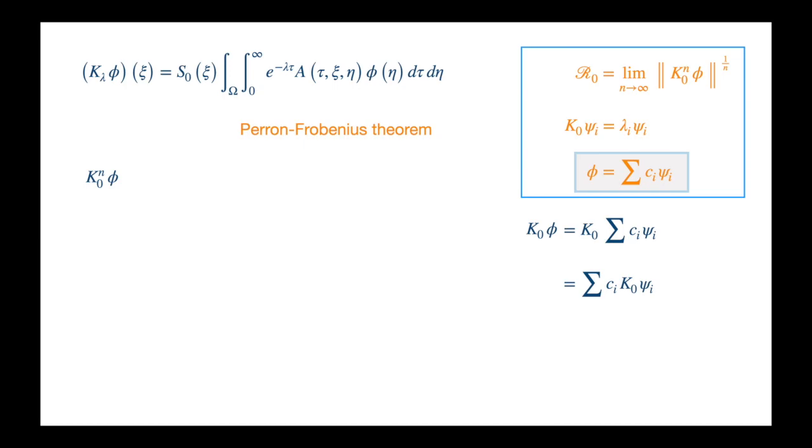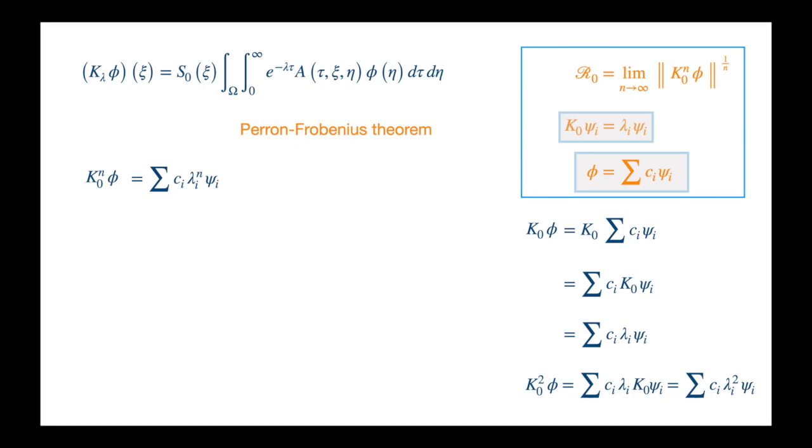Just the order of calculation has changed. Now by the eigenvalue equation, we can replace k times psi by lambda times psi. And if you multiply by k again, and then replace k times psi by lambda times psi as per the eigenvalue equation, you can see it's equivalent to just squaring the lambda. So we can generalize this to n. So 2 will become n, which is exactly what we need.